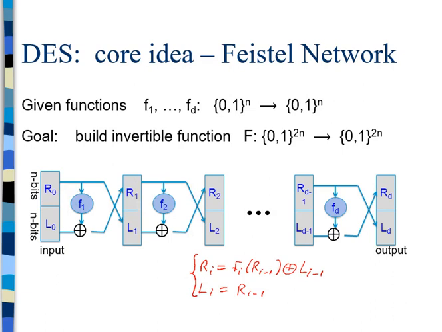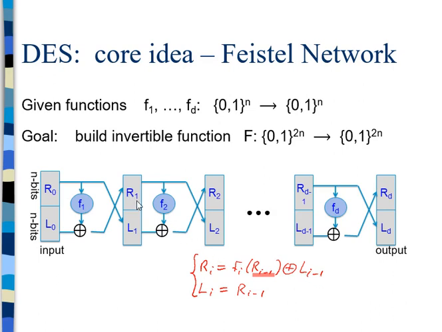And for Ri, we have to execute function f on the right side of the previous section, XOR by L(i-1).